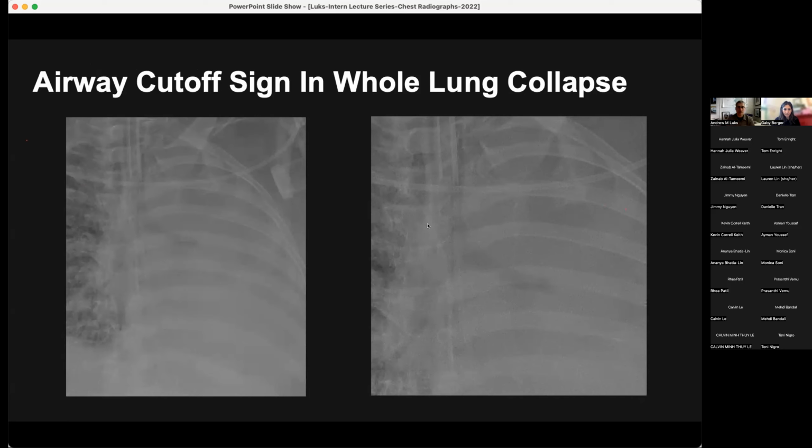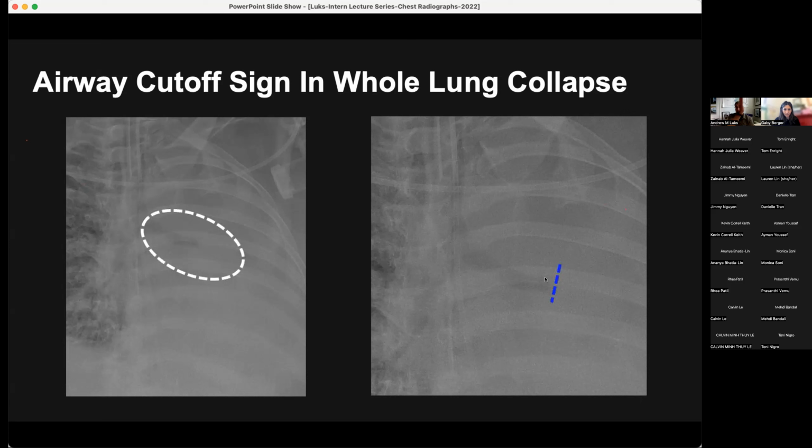the airway cutoff sign. Here's a patient's film on the left. This is a coned-in view here on the right of this portion of this film. And you can see the trachea comes down and bifurcates at the carina into the right and left mainstem bronchus. And as you follow the left mainstem bronchus, you'll see that there is an abrupt end to the lucency here.